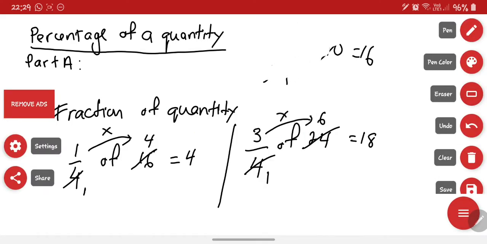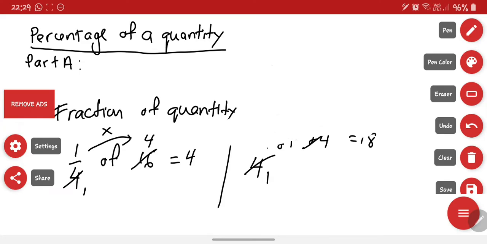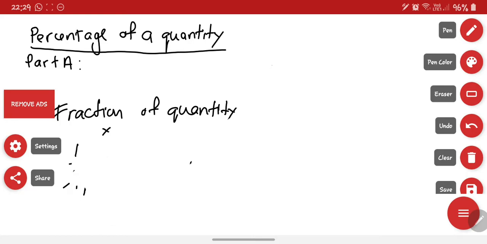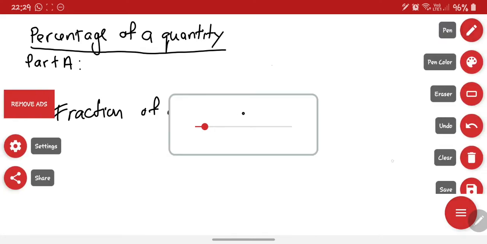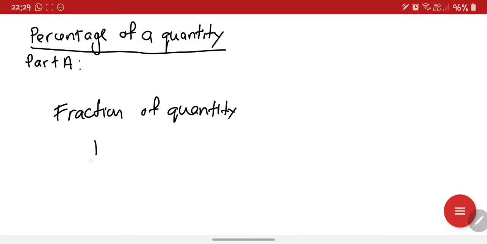The general working for this, let me show you again with 1/4 of 16.